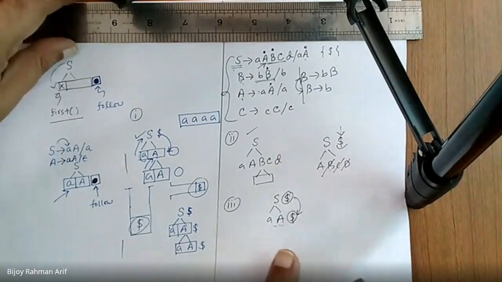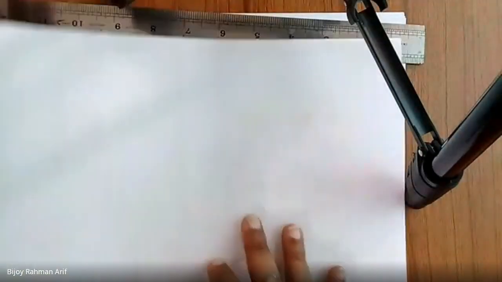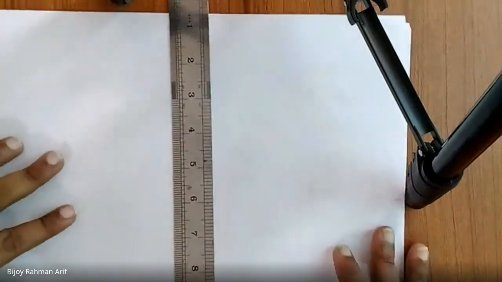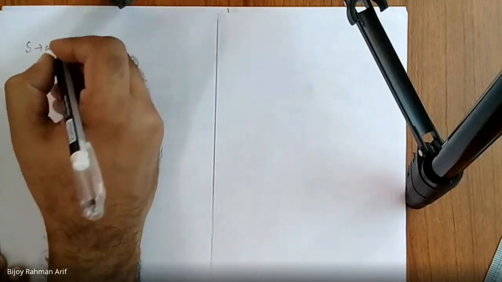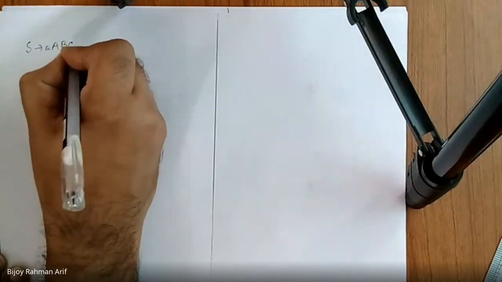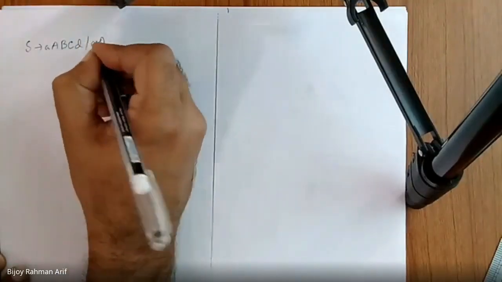So what is the product? S derives small a, capital A, B, C, capital B, capital B, capital C, small d, small d, then small a.